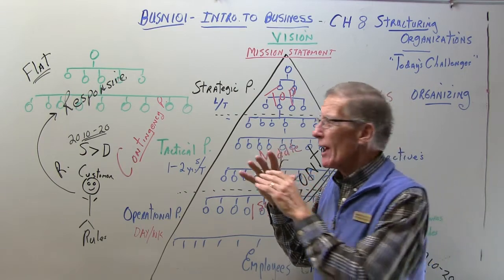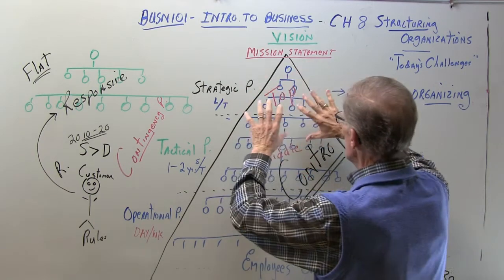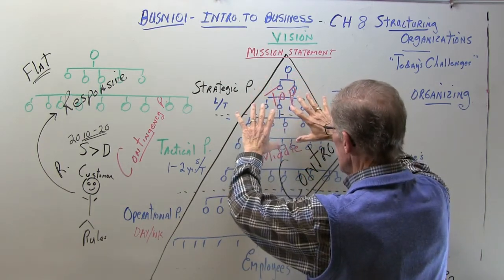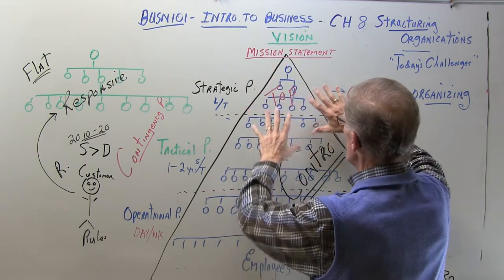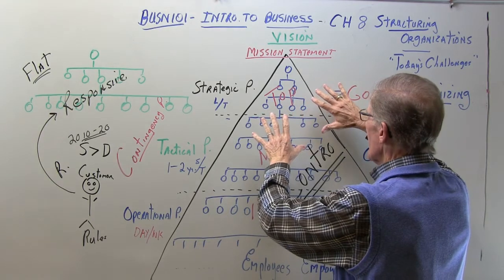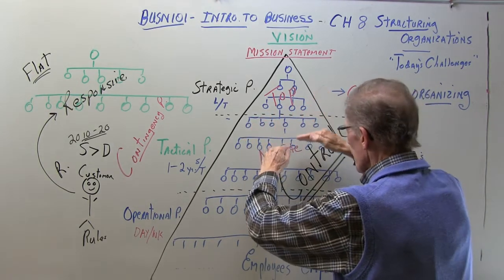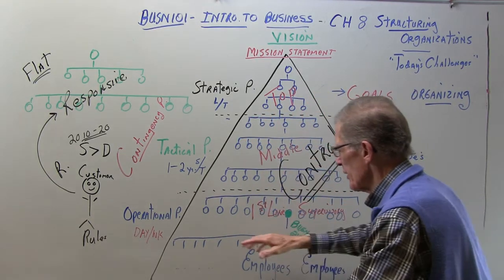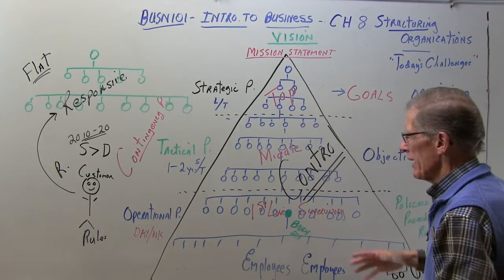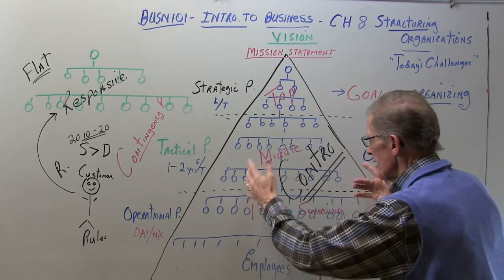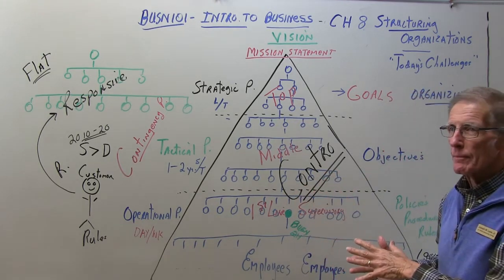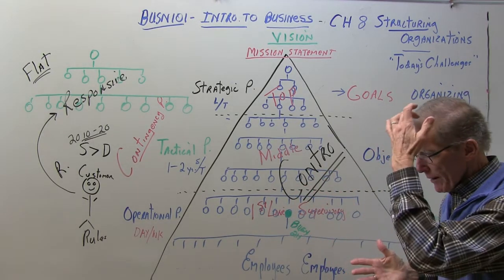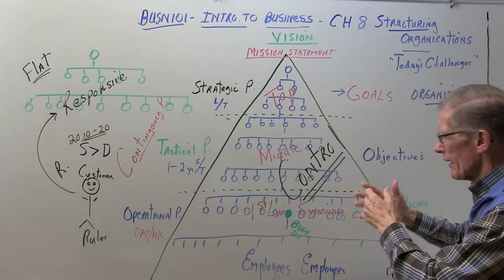You would centralize it at the top, where the top would make the majority of decisions. Some decisions are made elsewhere, but the majority would be made at the top. That's centralized authority. So the further down you get within the organization, the fewer decisions are made. Even lower level management simply carries out what's already been planned for them. There's not a lot of authority that they have on their own.